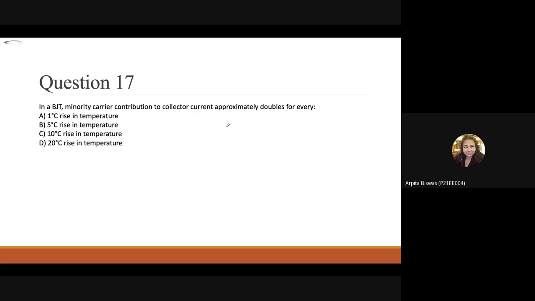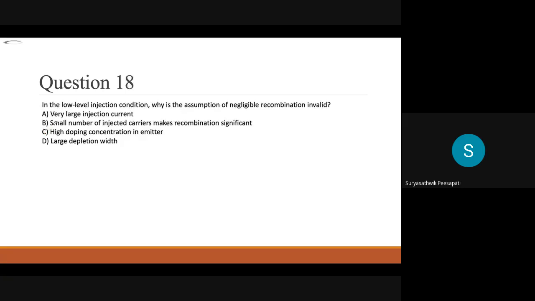Question number 17. In a BJT, minority carrier contribution to collector current approximately doubles for every how many degrees rise in temperature: 5, 10, or 20? 10 degrees, ma'am. Yes, 10 degrees in temperature. So this is question number 18. In the low level injection condition, why is the assumption of negligible recombination invalid? First is very large injection current. Second is the small number of injected carriers makes the recombination significant.